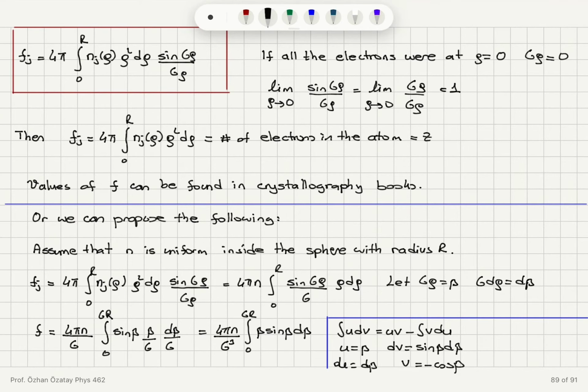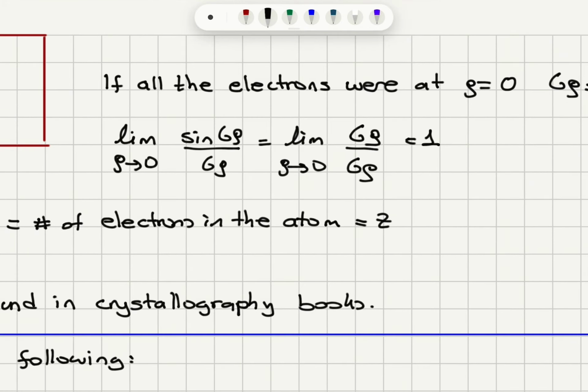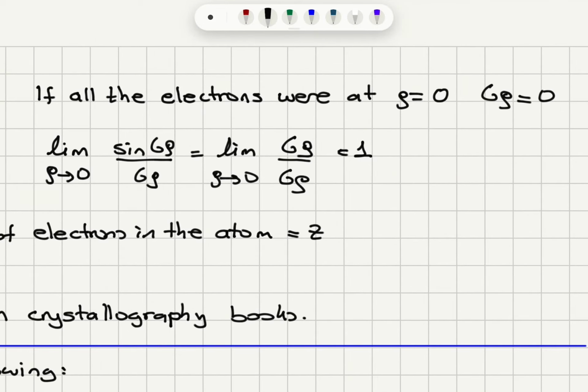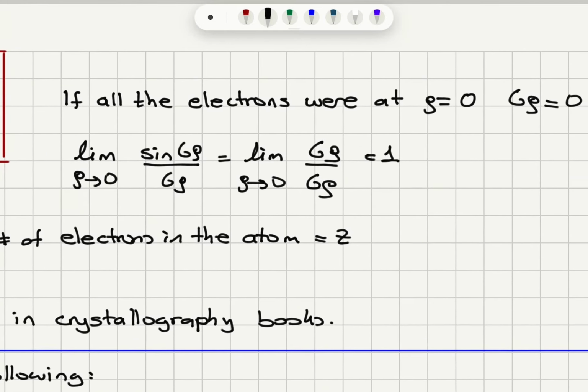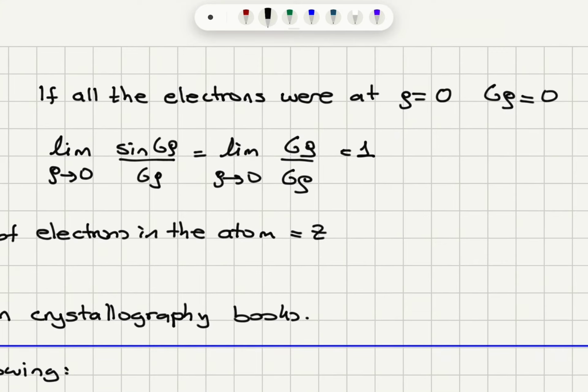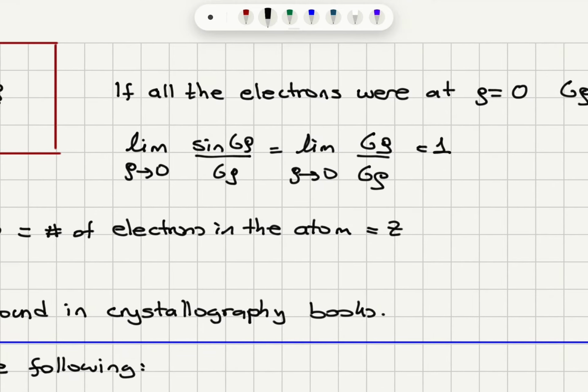Now, if all the electrons were concentrated at rho equal to 0, so as rho goes to 0, g rho would become 0. So the limit as rho goes to 0 of sine g rho over g rho is a 0 over 0 problem.